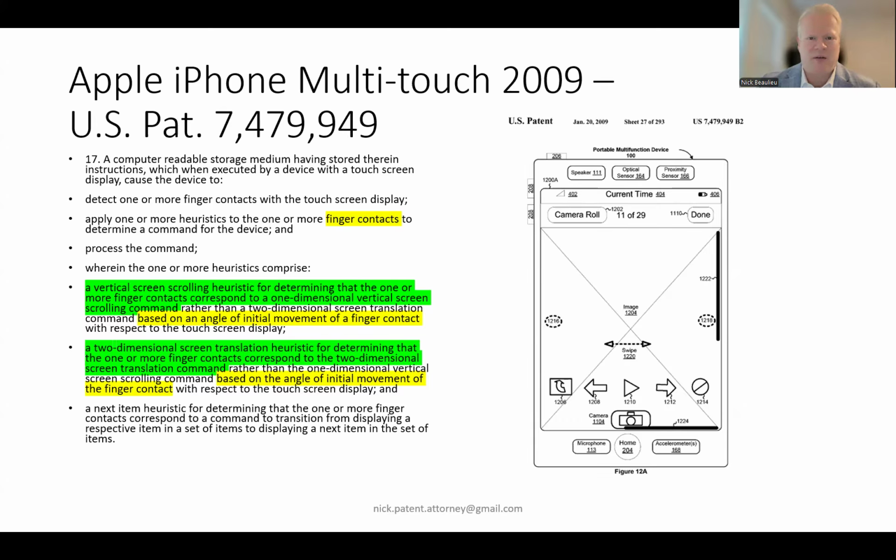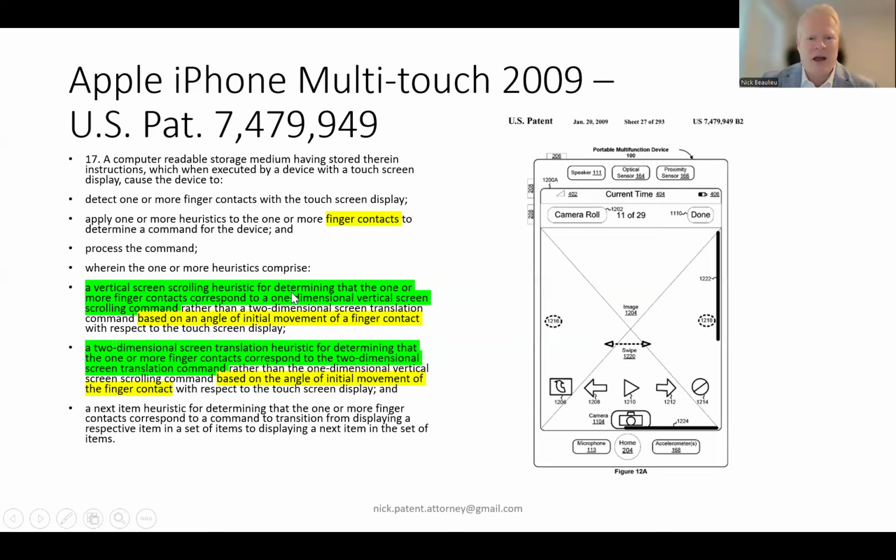A user's moving on a train, their finger gets bumped, and so it's more reliable to remove that initial movement and look at the movement after that. So you could do that. If you remove the initial movement and looked at the secondary movement, then that wouldn't be covered by this patent. And then also I covered in green the one-dimensional vertical scrolling and the two-dimensional. So if you change either one of these, then that would help you too.